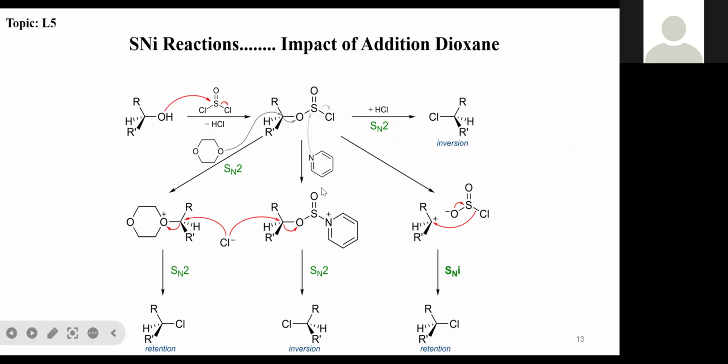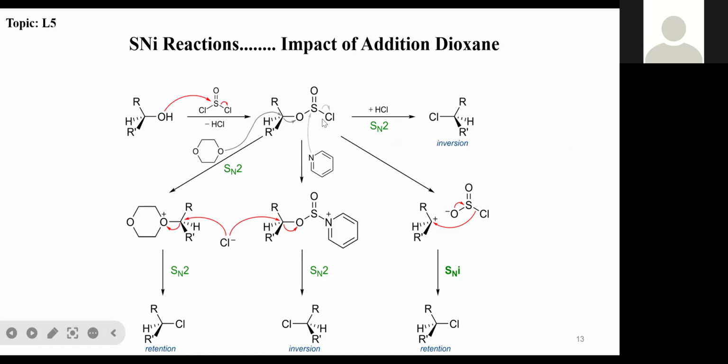In case of pyridine, it will attack on this sulfur, so it will block the front side. Chloride will attack from the back side. You will get inversion of configuration. So using pyridine, rather than retention of configuration, you will observe inversion of configuration.